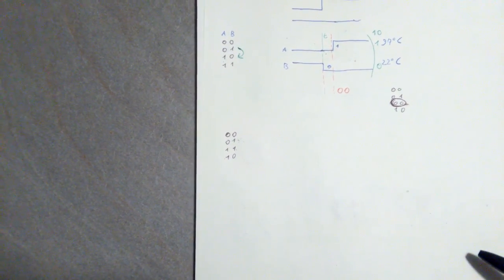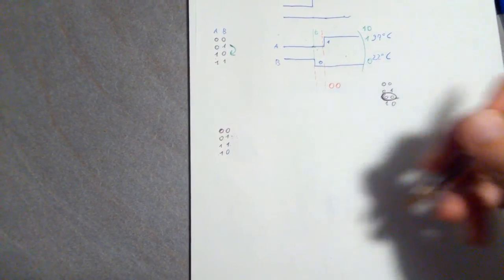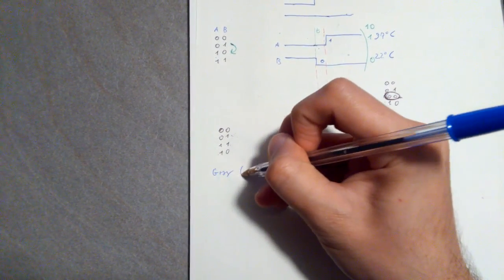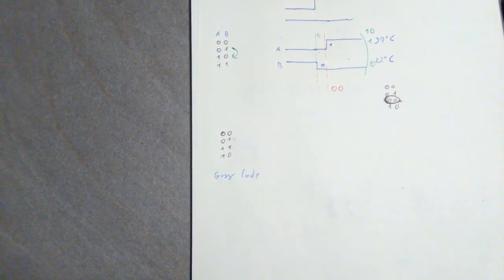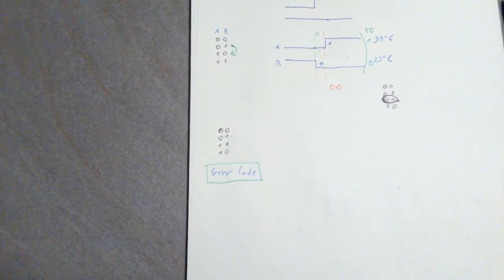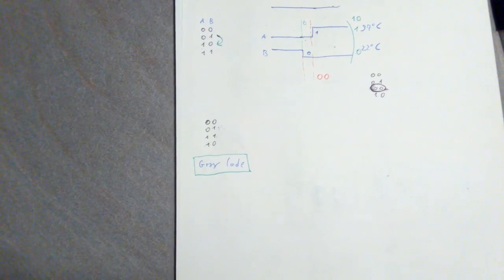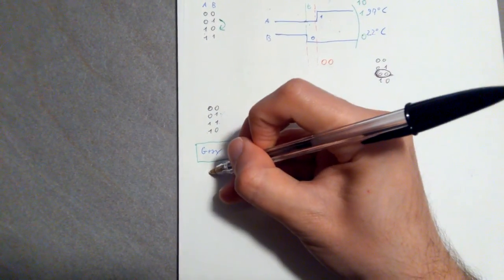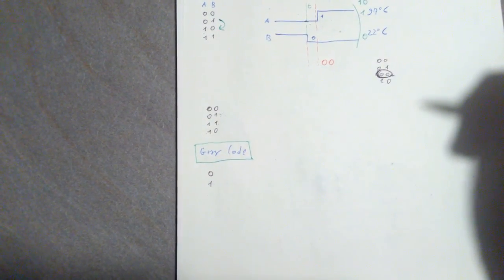So how do you write Gray code? Well, let's start with this. You start with the first two, so you start with 0, 1.